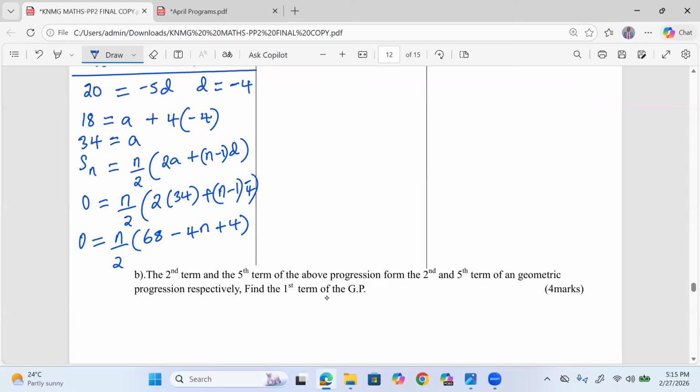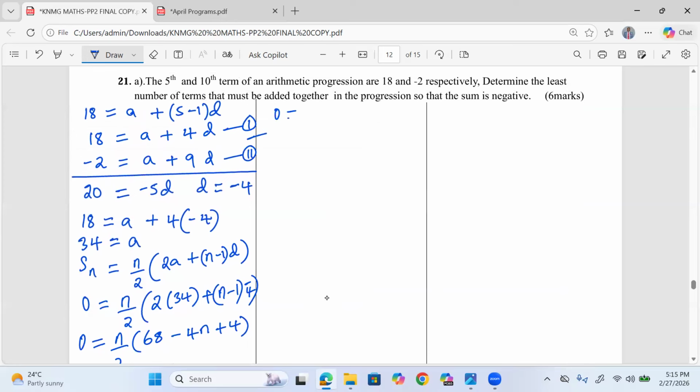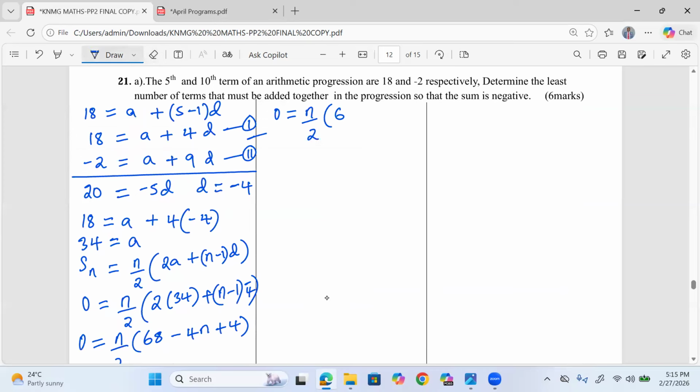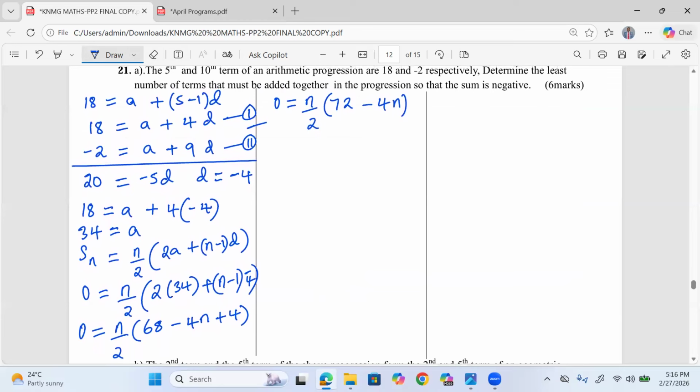It becomes a positive, yeah. So 0 equals n over 2 into, instead of 68, when we start grouping terms, it is 72 minus 4n, like that.